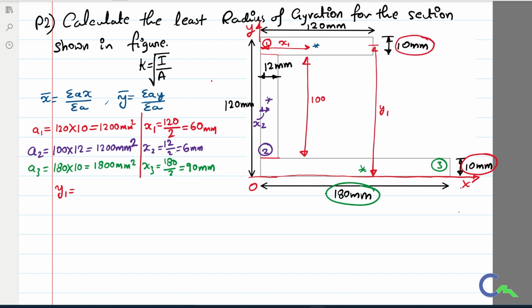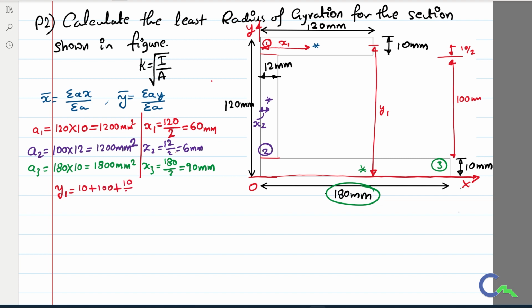So I will repeat: that is 10 mm plus 100 mm plus, to the center of the third figure, 10 divided by 2. Therefore 10 plus 100 plus 10 divided by 2 is 115 mm.